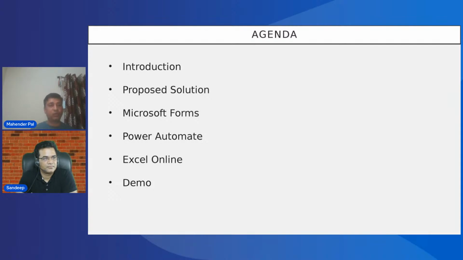We have thought that we can automate that process, and then what are the components that we are going to use from the Microsoft ecosystem. We'll touch base on Microsoft Forms, Power Automate, Excel Online, and then we will have a demo of the whole process, and we'll show step by step how we can build this automation.